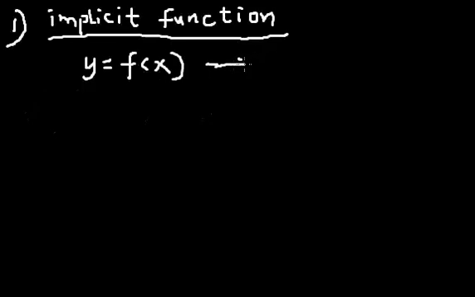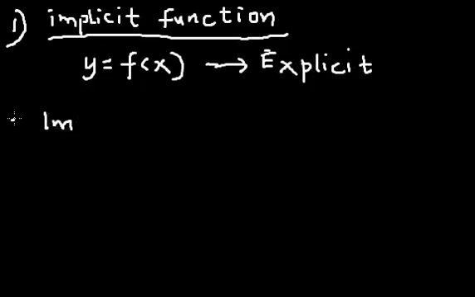Such a function, whose variables are separated, is called explicit. But a function is implicit when the variables cannot be separated.